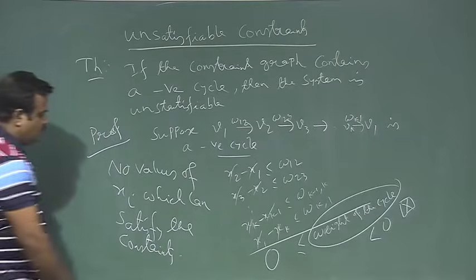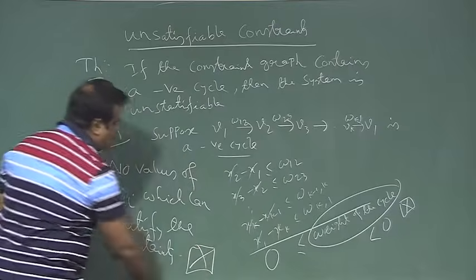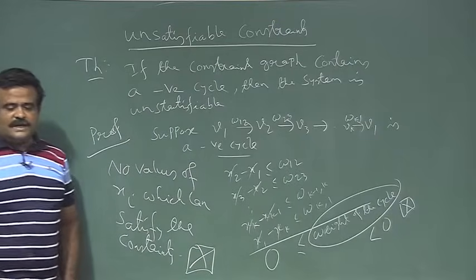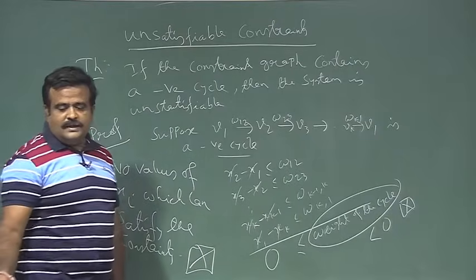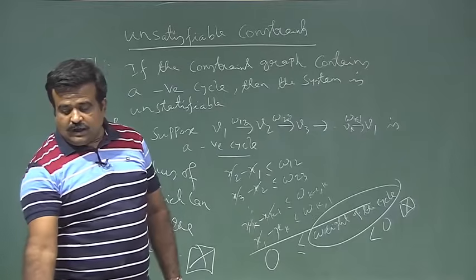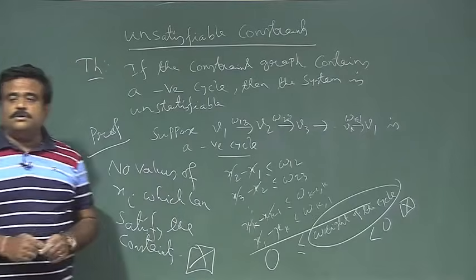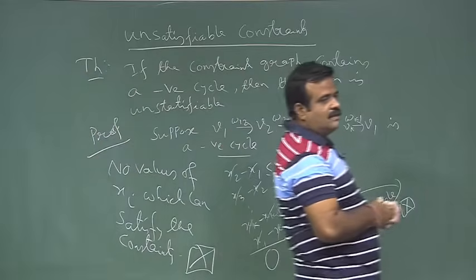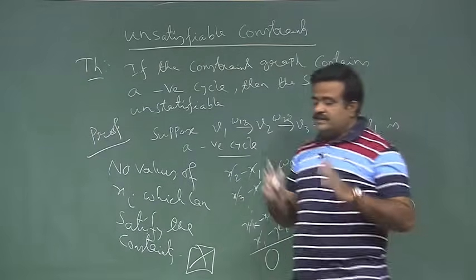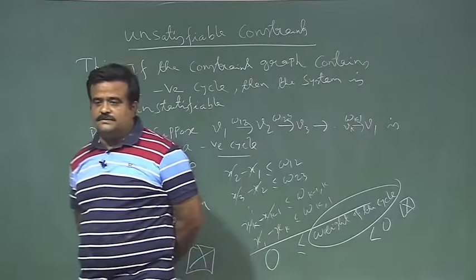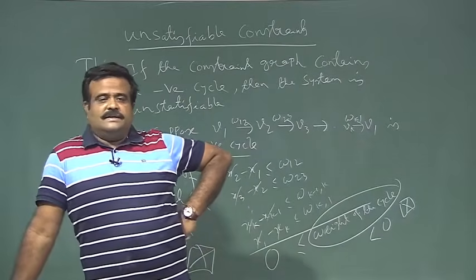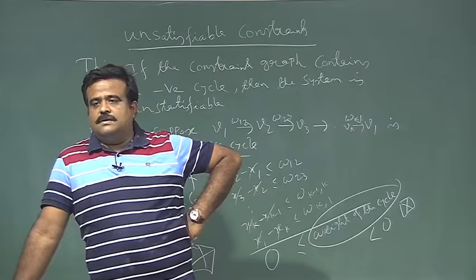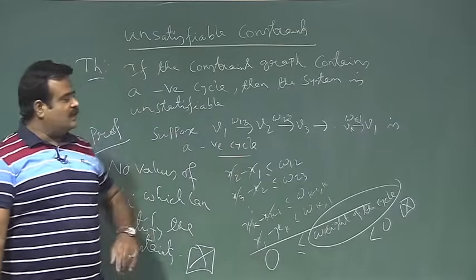So this is the proof. That means if there is a negative cycle in the graph, then no solution will exist, and the system of constraints is not feasible, it is unsatisfiable.